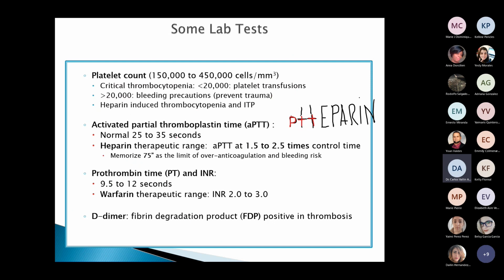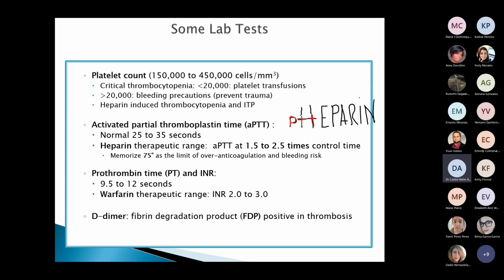In relation to the PT and INR, remember that it is measuring the extrinsic pathway, the coagulation factors depending on vitamin K. And vitamin K is antagonized or inhibited by warfarin. As a consequence, the dose of warfarin is regulated with the PT and INR.